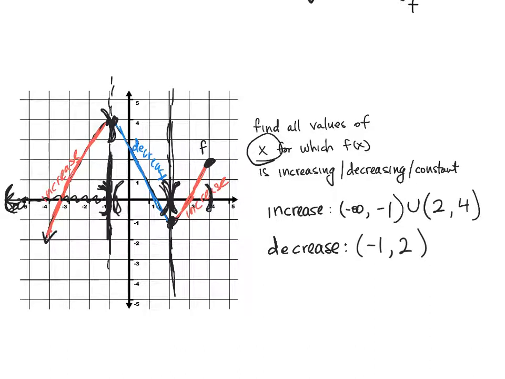So the graph is decreasing using x values between -1 and +2. So that's how we state, and that's how we answer these questions. Find out all values of x for which a function is increasing, decreasing. We didn't have any intervals on which the function is constant. There weren't any portions of the graph where the graph had a slope of 0.